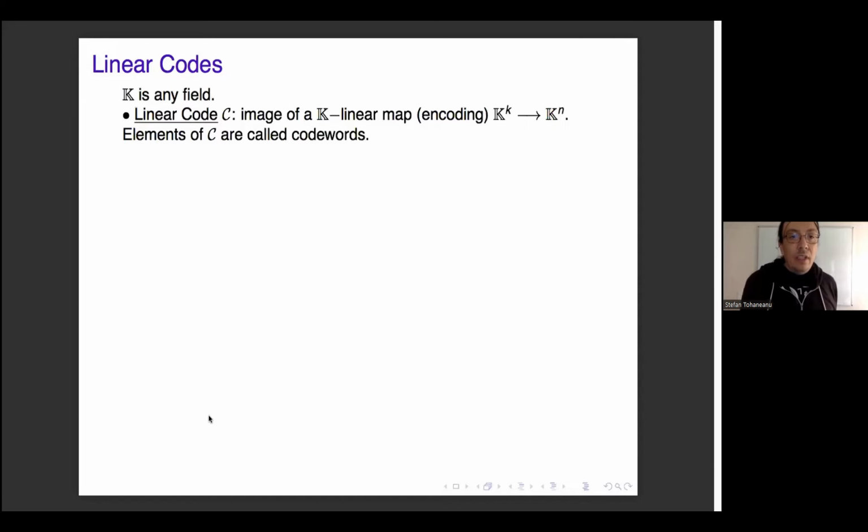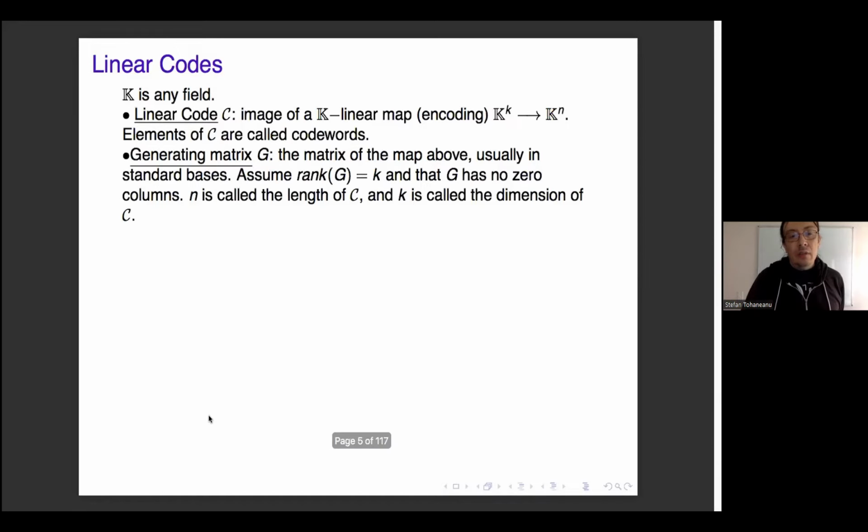So linear code, we start with any field, and a linear code is just the image of a linear map. Elements of a linear code are called code words, and every linear map comes with a matrix.